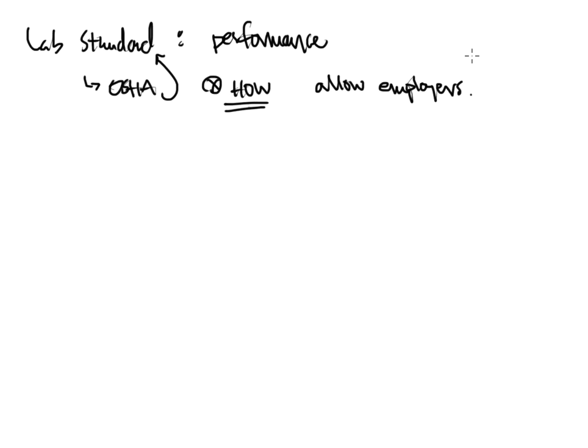So for instance, if you are a laboratory on site and the only thing that you do is test sulfuric acid for purity, then you have very limited reagents, you have a limited lab space, you might not have a lot of employees, but that is going to be completely different than a lab space maybe at a pharmaceutical company, where we could have hundreds of employees, and those employees are all working in laboratories doing multiple things, and you have hundreds and hundreds and hundreds of chemicals on site.